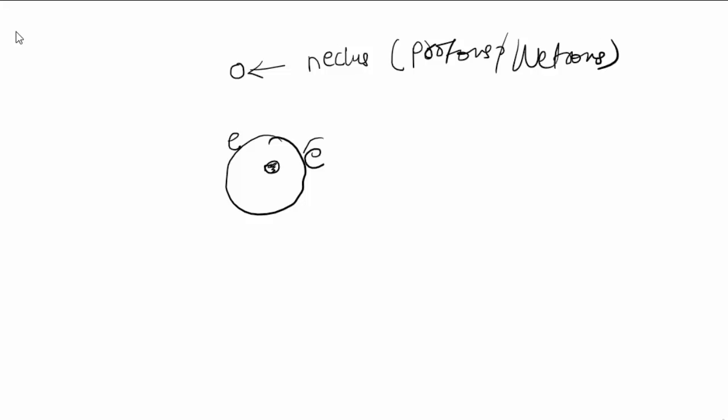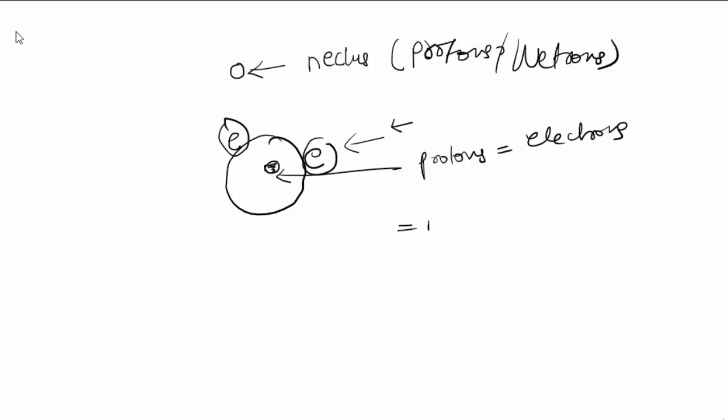So if you consider a simple hydrogen atom, then there will be electrons in the outermost orbit. When the protons are equal to the electrons, the atom can be said to be neutral, and when there are more protons, the atom can be said to have a positive charge.